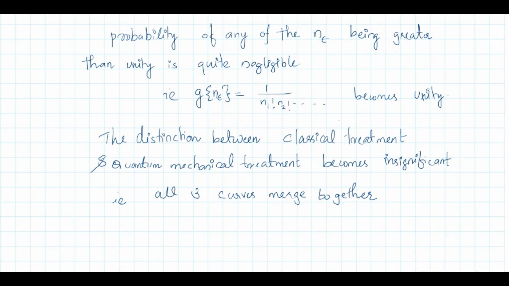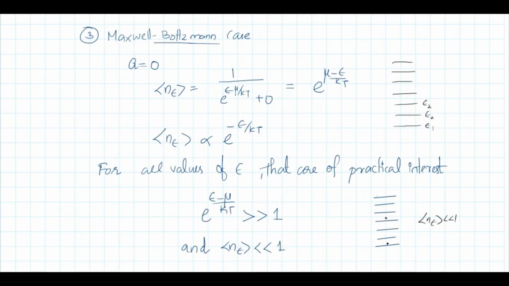That is, there is no distinction between the classical case and the quantum mechanical case. The only difference between the classical and quantum mechanical case is in this weight function. If you are considering a system with occupation number very much less than 1, then this g of n epsilon will also be 1. So the distinction between classical treatment and quantum mechanical treatment becomes insignificant. All the three curves merge together.